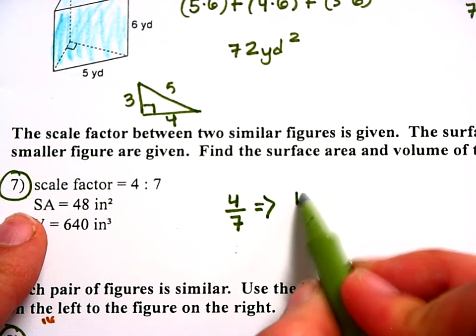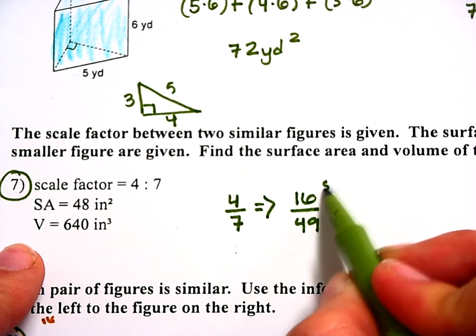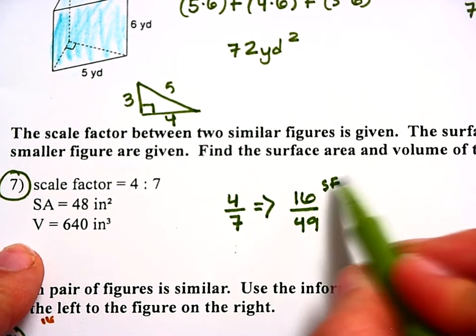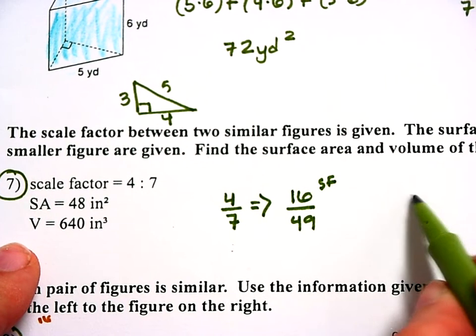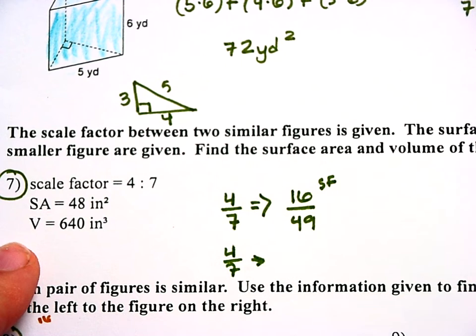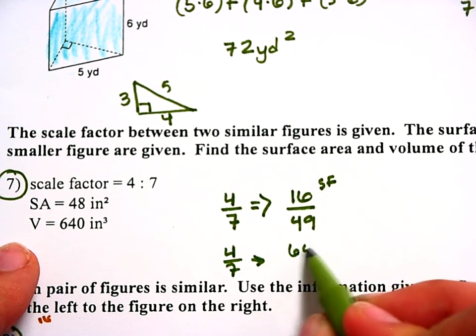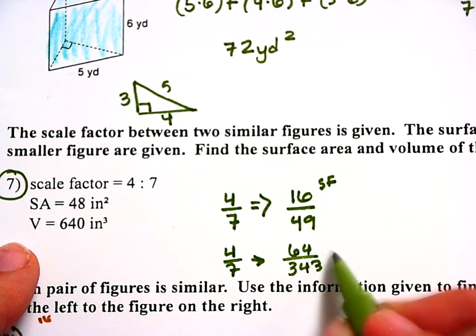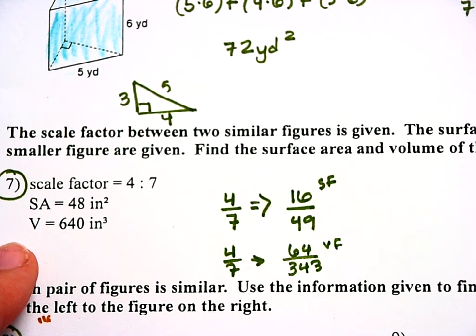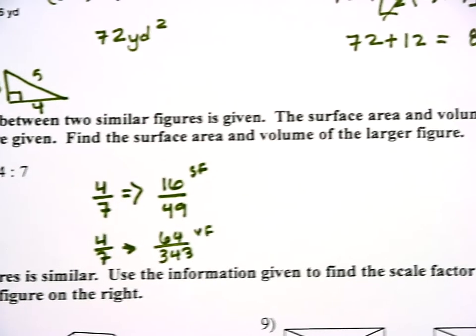So that's going to be 16 over 49. So this is surface area factor. And then we're going to take that fraction and cube it, and that's going to give us our volume factor. So that's going to be 64 over 343. That's our volume factor.